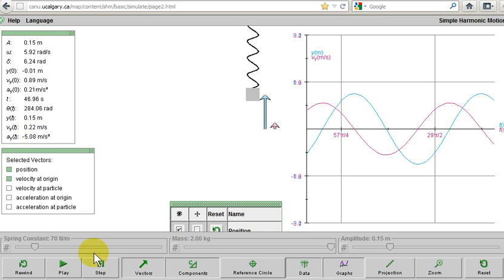But look what's happening to the velocity. The velocity drops to 0. The speed reaches its maximum value of 0.89.